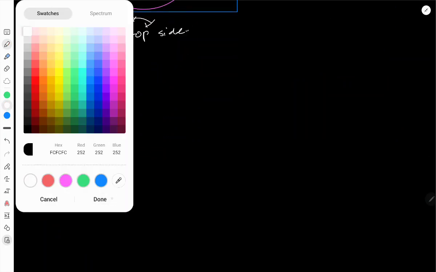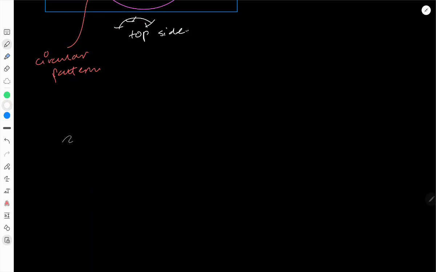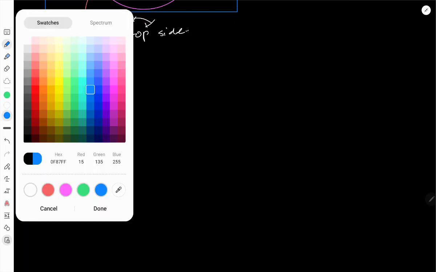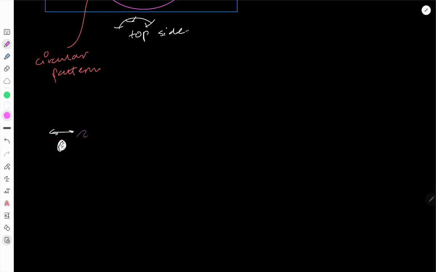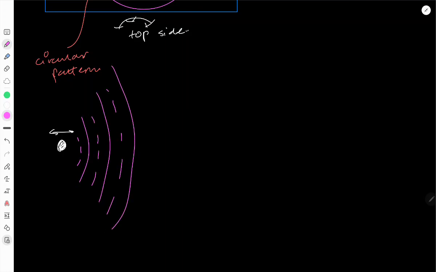So now we can say if a source having a certain specific vibration or creating a wave is kept, then it will create a wave of some sort like this. Here, then this. So it's going in circles.